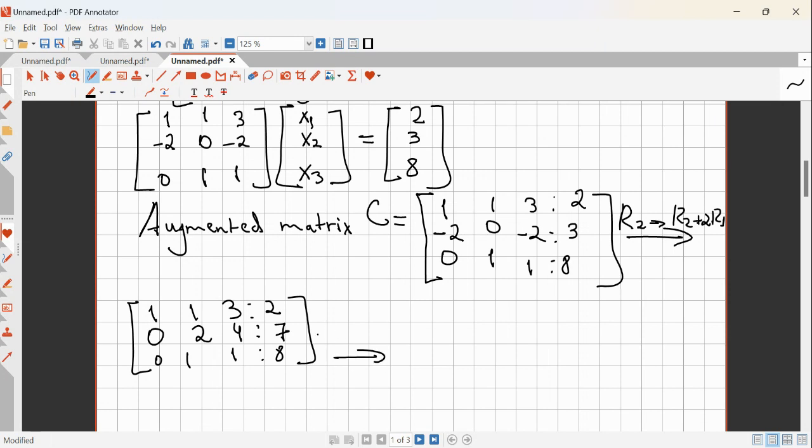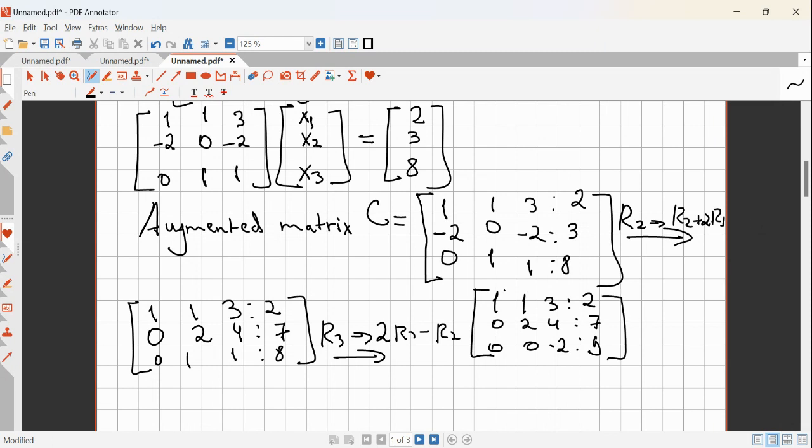R3 becomes 2 R3 minus R2 because I want to eliminate this one. 1, 1, 3, 2, 0, 2, 4, 7, 0, 0, 2 minus 4 is minus 2, and 16 minus 7 is 9.